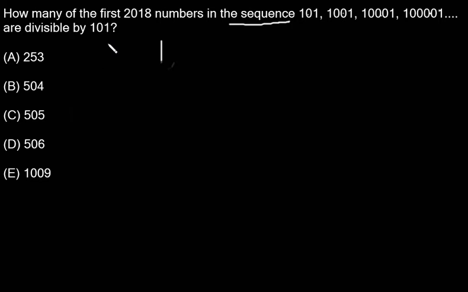Alright, so let's try to do this. We know the first one is divisible by 101, so we're going to write term 1 is divisible by 101 right here. We know that the second one is not divisible by 101, that's an obvious one. Is the third one divisible by 101? So let's try that out. Term 3.